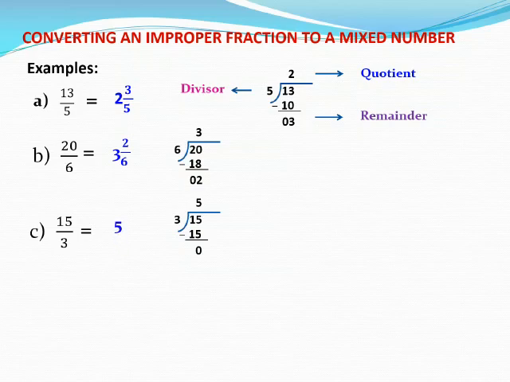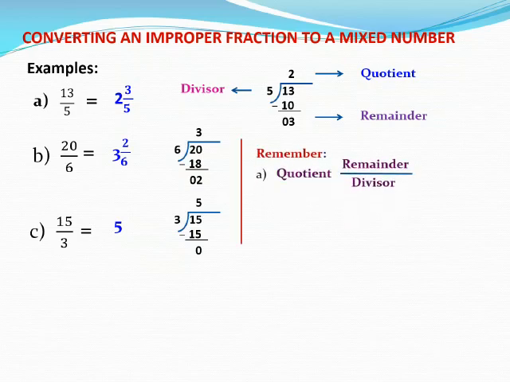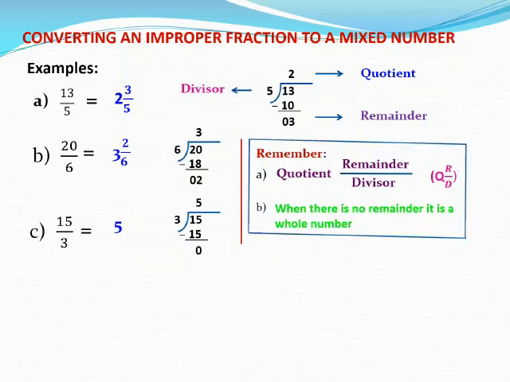So we have to remember these steps. When we convert an improper fraction to a mixed number, we write in the form of Q R by D: quotient, remainder by divisor. And remember, when there is no remainder, the answer will be a whole number.